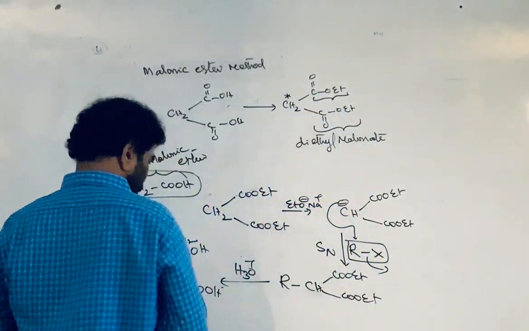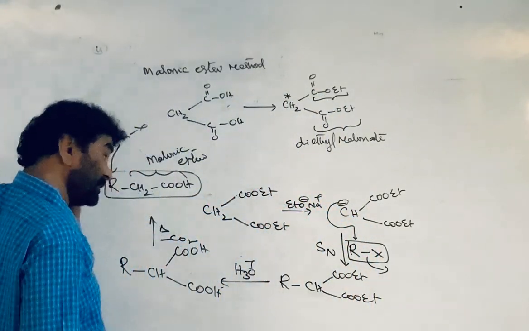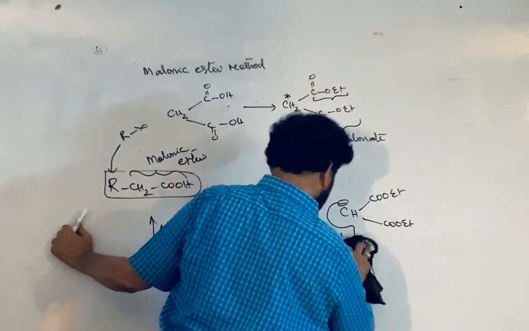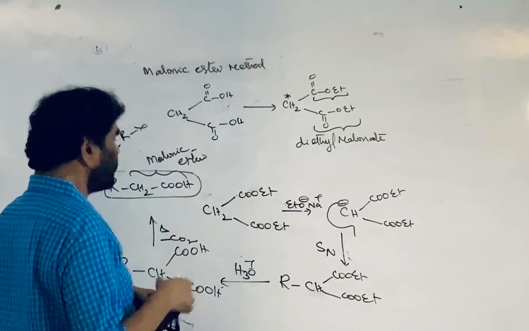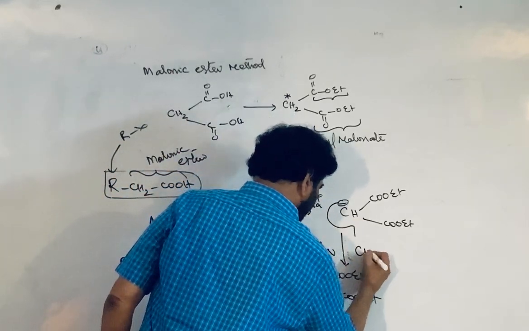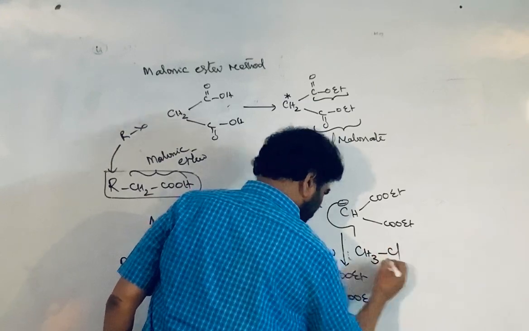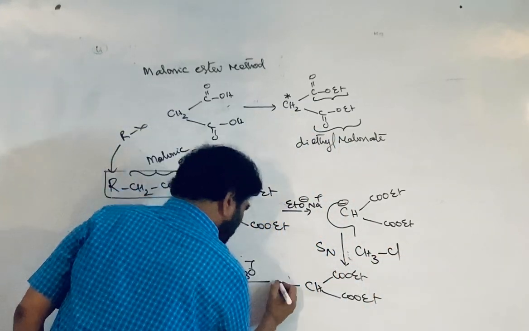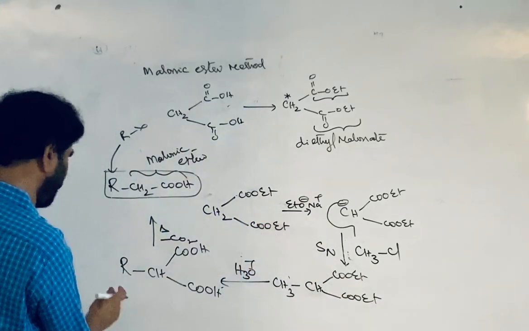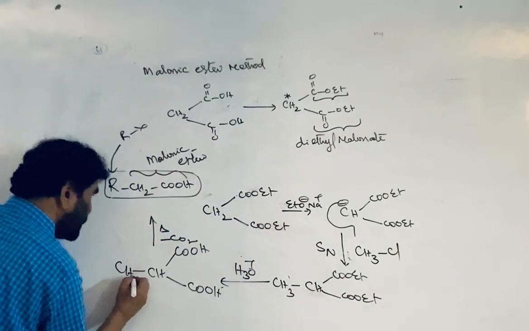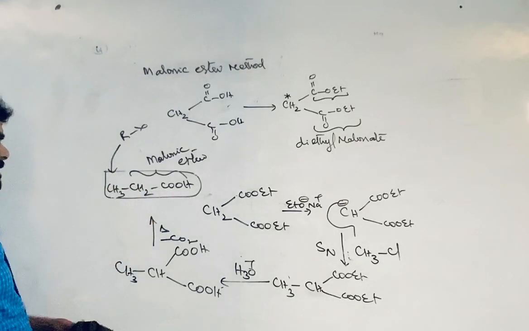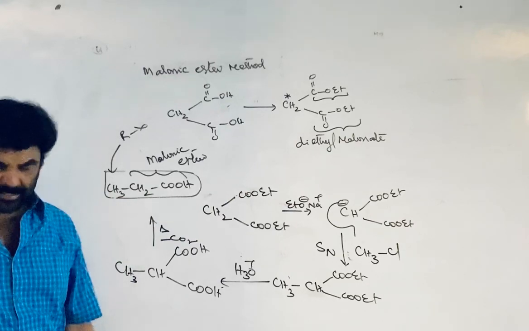Same thing: if I take diethyl malonate and methyl chloride, diethyl 2-methyl malonate is formed. R is the methyl group, and it is converted into propanoic acid. Malonic acid to propanoic acid.